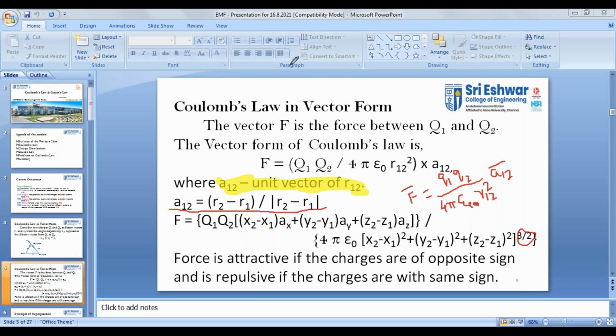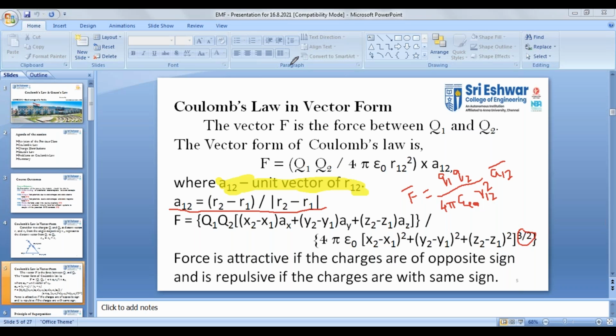Very simple. Look at the force expression. It is F is equal to Q1 Q2 by 4 pi epsilon naught R12 square A12. A12 is nothing but R2 minus R1 vector divided by R2 minus R1 vector modulus. Now, at the bottom, you see R12 square is there. R12 is nothing but the distance formula. If I am having 3 coordinates, 2 points, how will I write the distance?